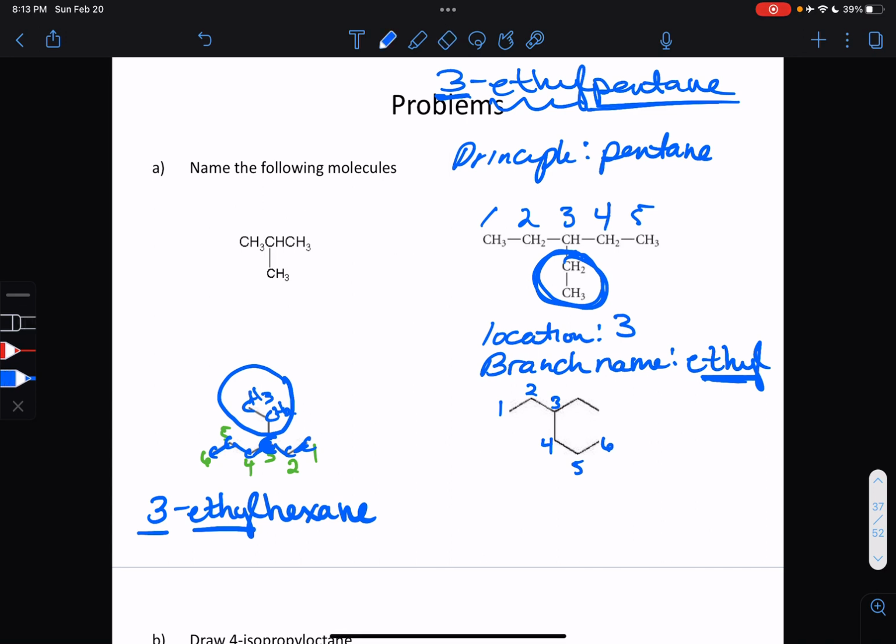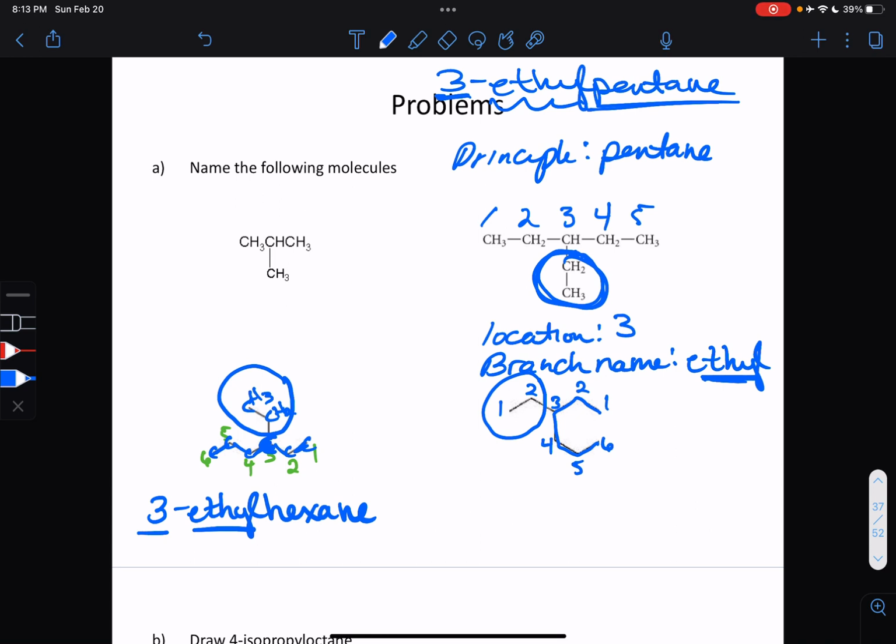Or we could do 1, 2, 3, 4, 5, 6. So it would be this one. And if we do the one that I just highlighted, the branch right here would be hanging off of which carbon? It would be hanging off of carbon number 3.